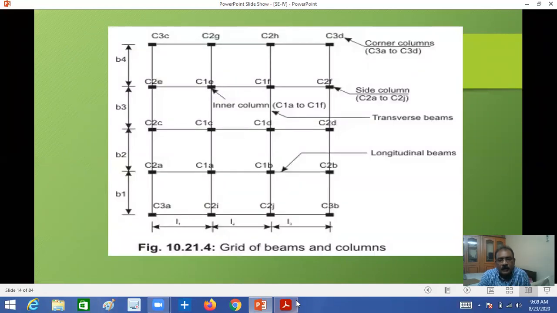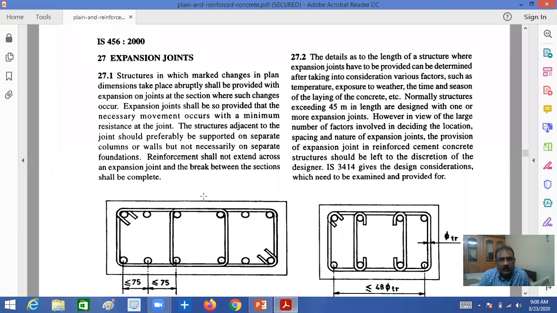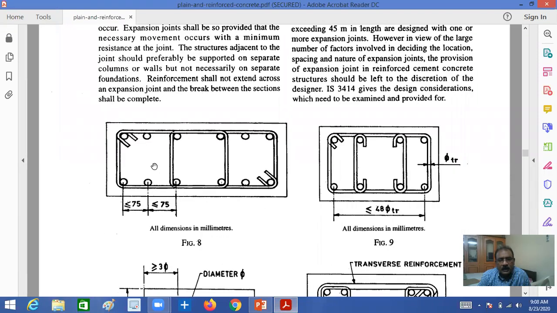See, as explained, you may have different types of stirrups in the columns like this. If the length is more, you can have two-legged stirrups, three-legged stirrups, or one legged and one giant with the two like this.